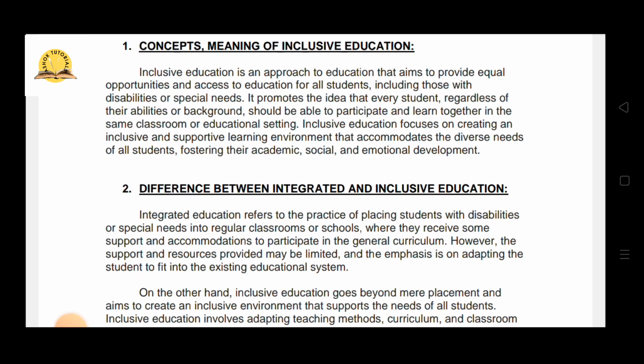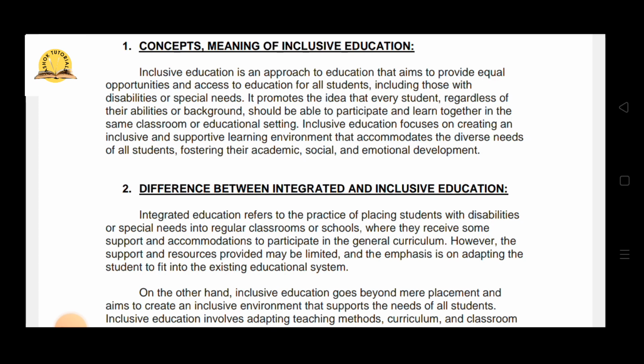Suppose in your classroom there is a child who has a problem with his eyes, and there is also another child who is not able to walk, as one of his legs is not properly developed.